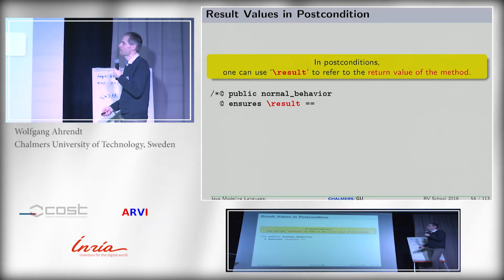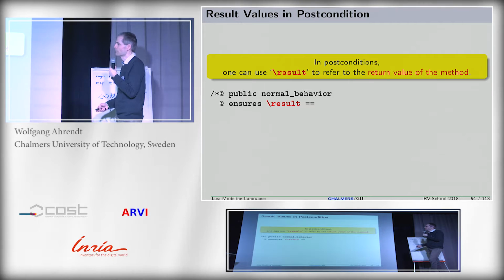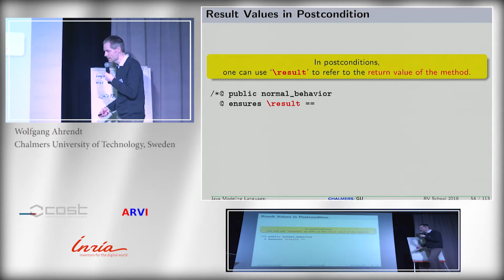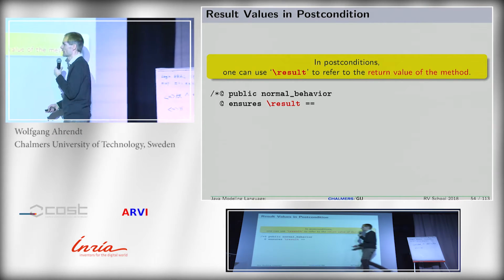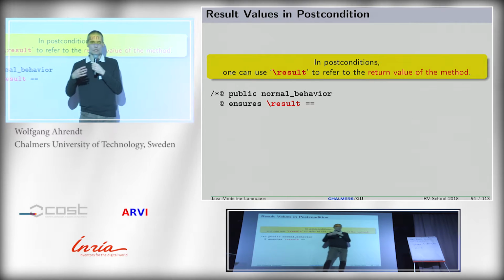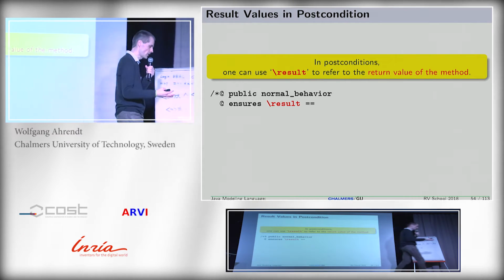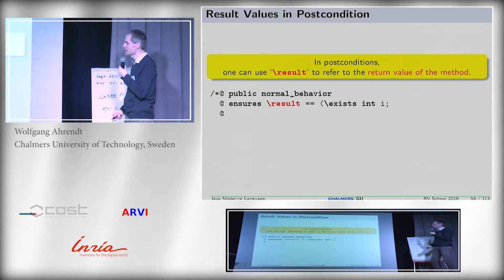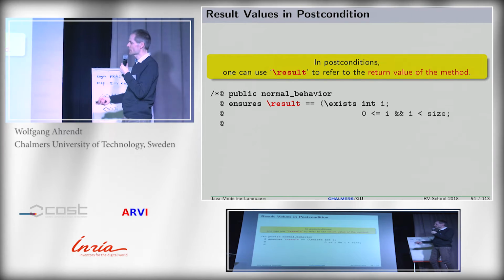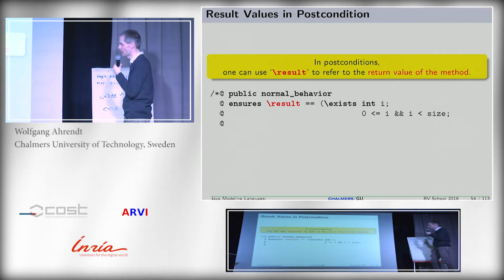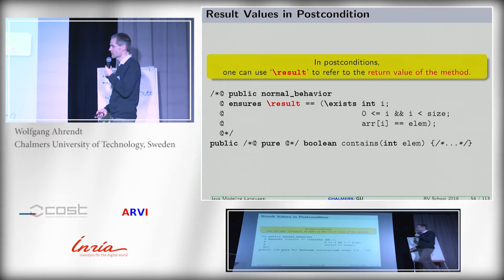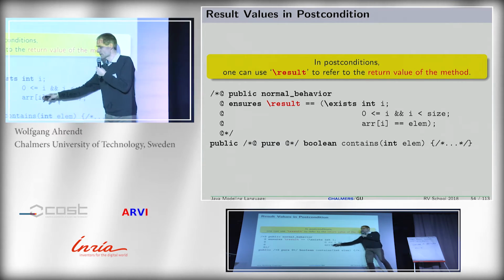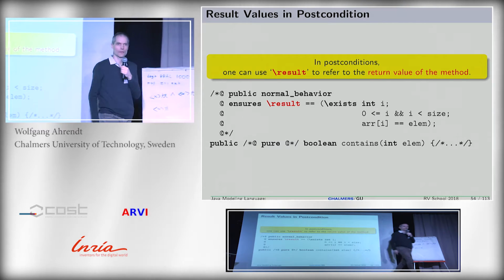So when I'm now specifying contains, I can say the result value, so it's a Boolean which tells me whether an element is contained or not. This Boolean is the same as this Boolean. There exists an integer in the right range such that the element is stored in that position of the array. Right?